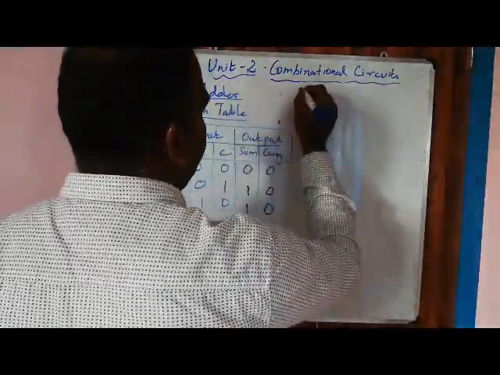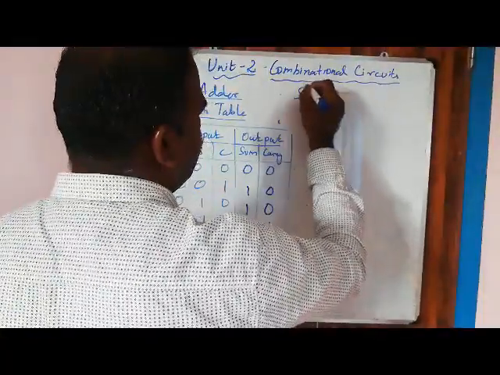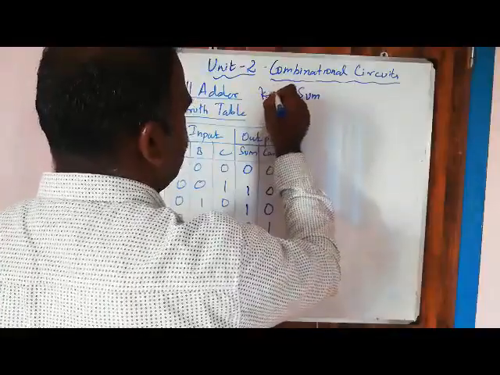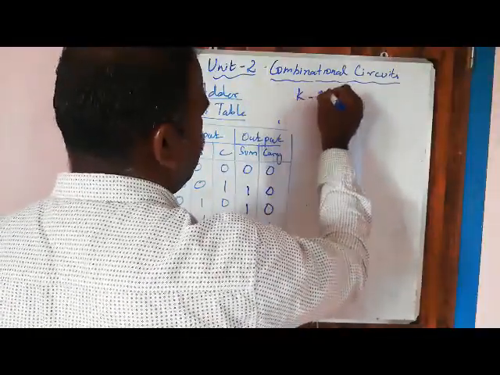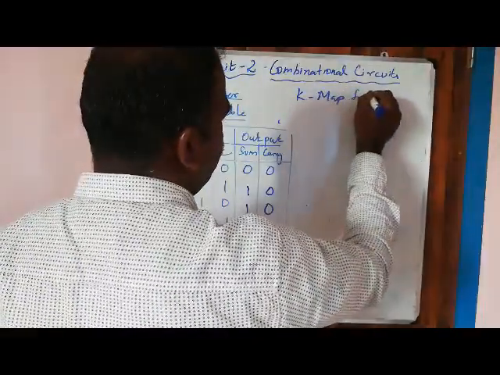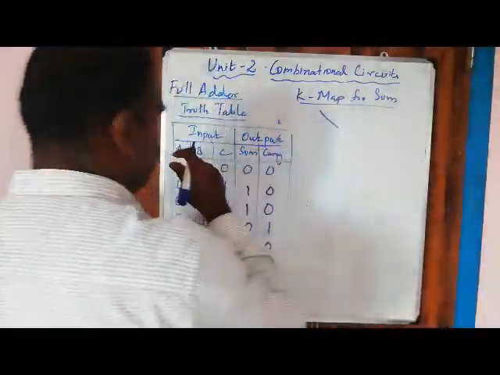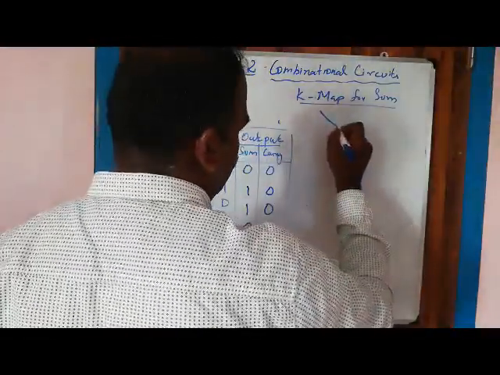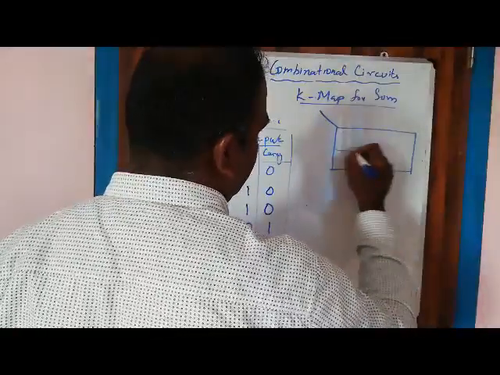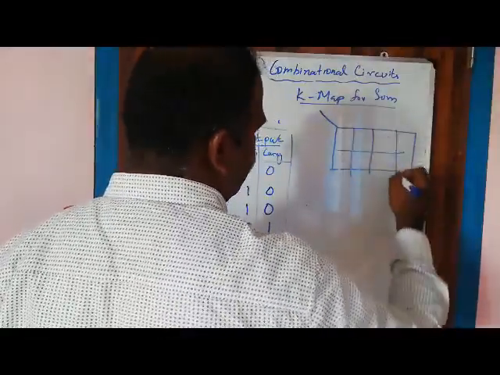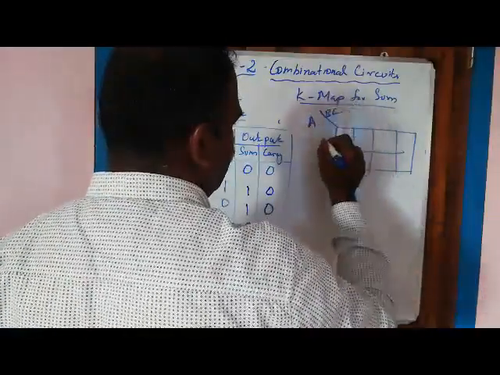K-map for sum. Here there are 3 variable inputs, so we have to use a 3 variable K-map. We put A as one variable, BC as the remaining order.